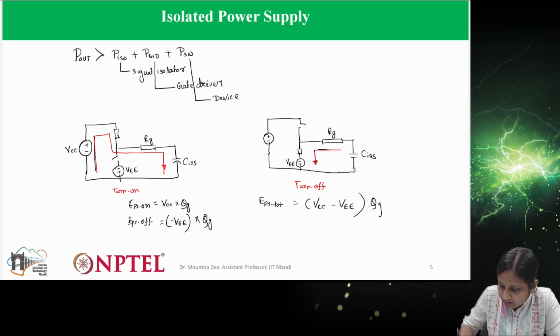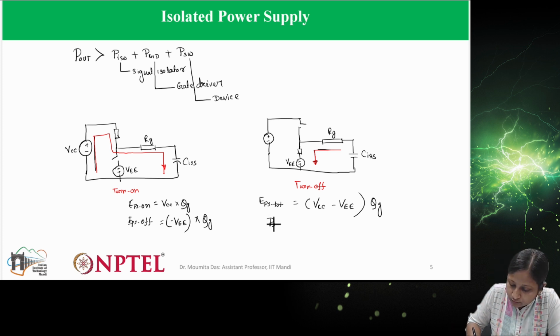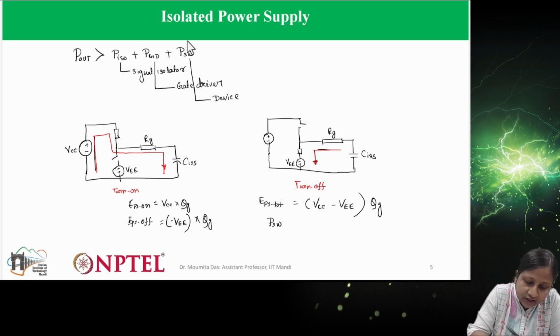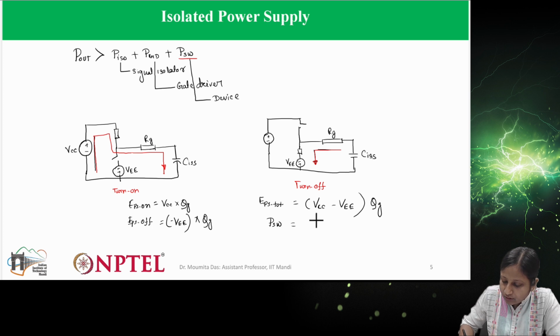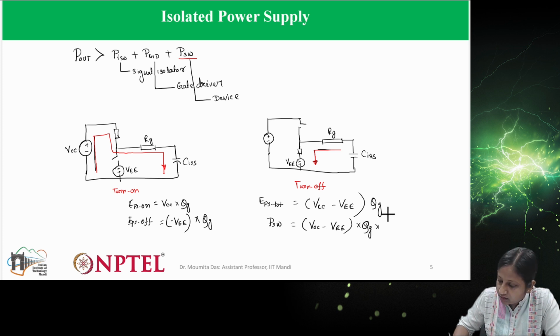multiplied by Qg. Now if we have to get the power loss, which will be equal to PSW shown here, this PSW equals VCC minus VEE, multiplied by Qg, the gate charge, and the switching frequency.